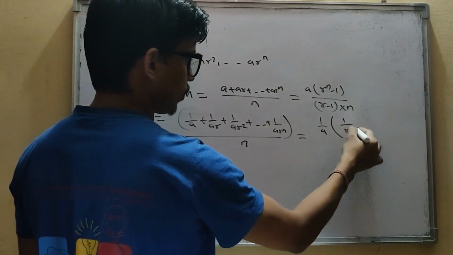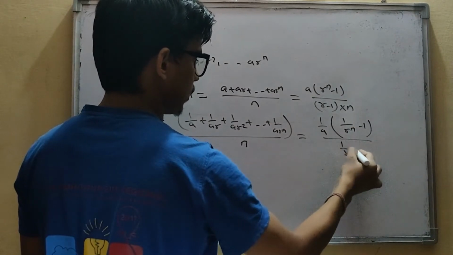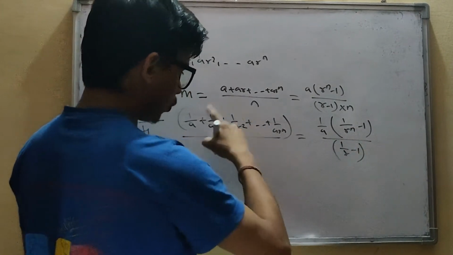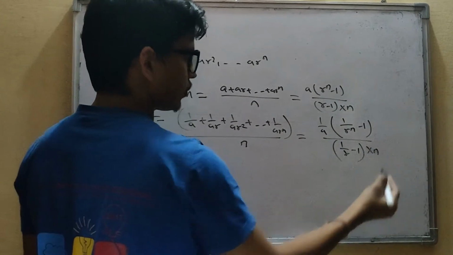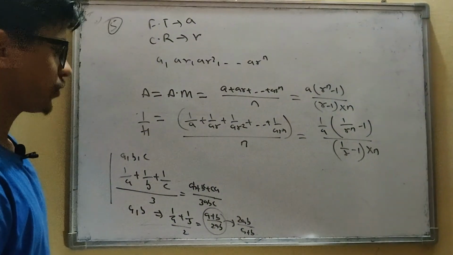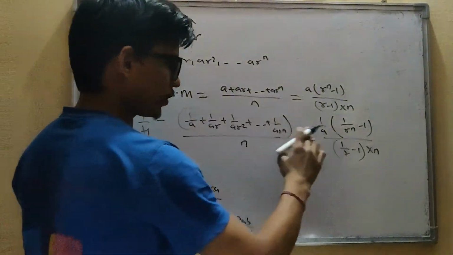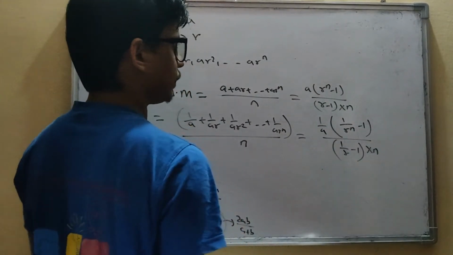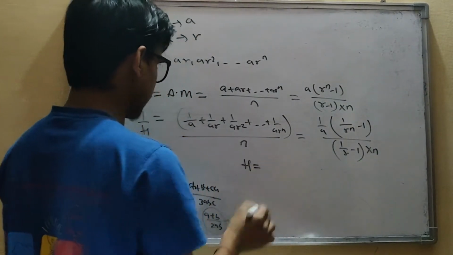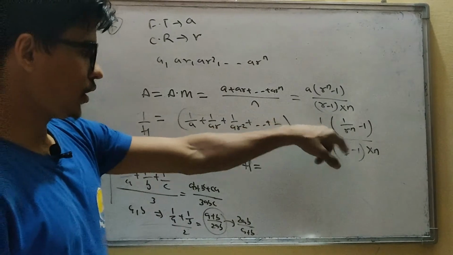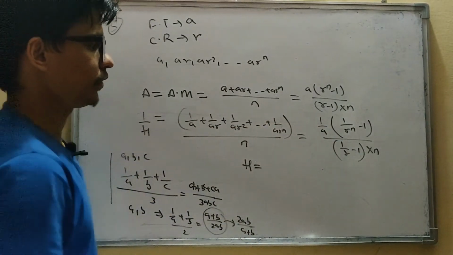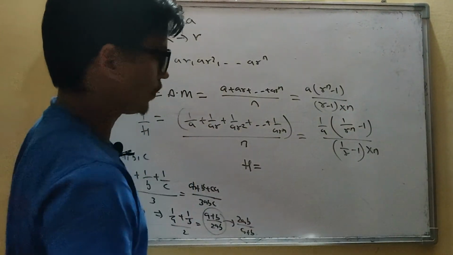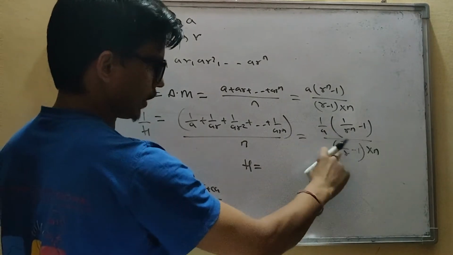So 1 upon r to the power n minus 1 upon 1 upon r minus 1. And this whole thing is divided by n. Just for simplification purpose, you can simplify them. So I am directly writing it. You can do this by yourself. You just simplify this, right?